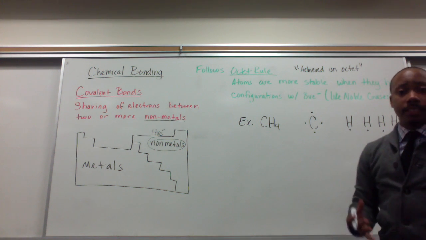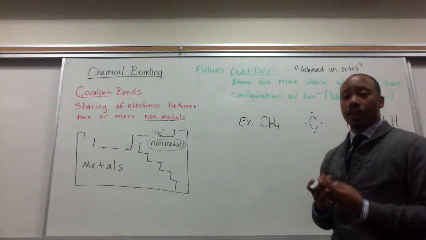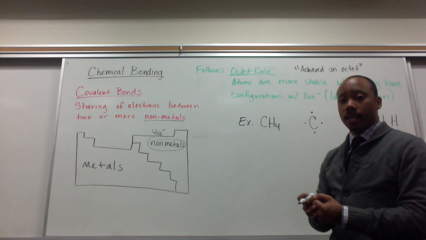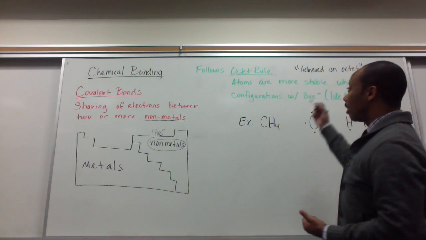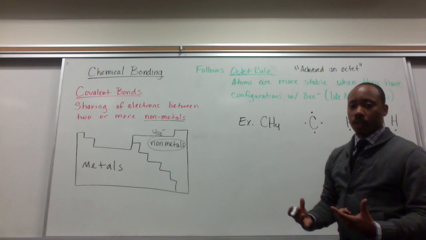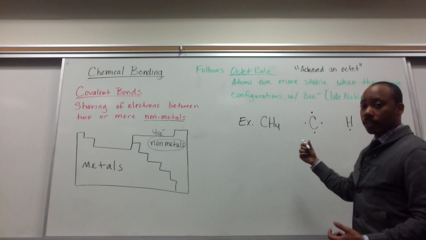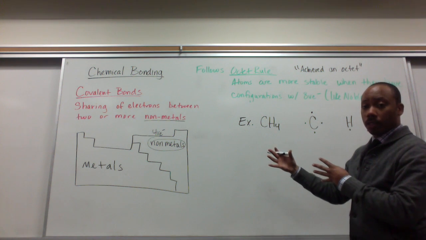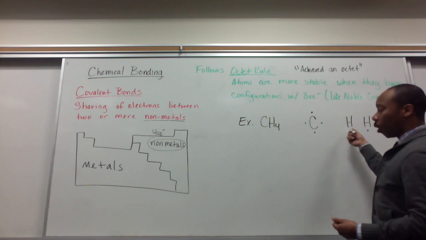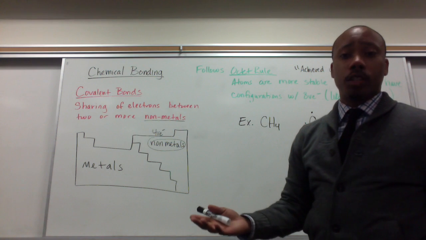Now, this bonding is different from ionic bonding in that everything is shared. So each atom is going to share electrons to achieve an octet. Now remember, octet doesn't simply mean 8 valence electrons always. Carbon is going to share its 4 electrons with other electrons to achieve 8. Hydrogen, however, only wants to get 1 more to be like helium.